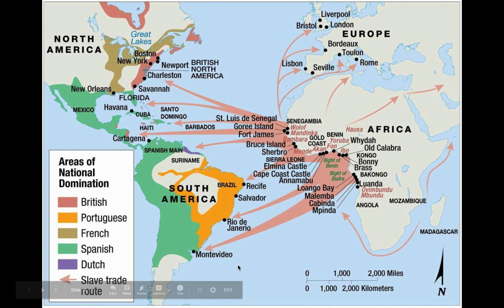Here we look at the slave triangle. Just remember that the height of slavery was really between 1710 and 1810, where over 10 million Africans were forced to internationally migrate.